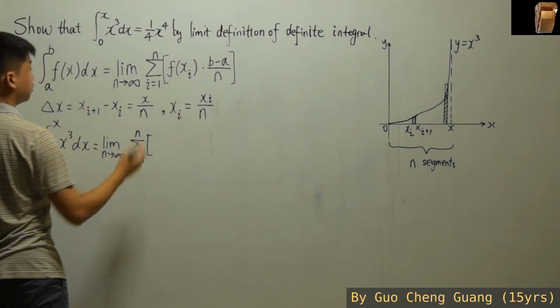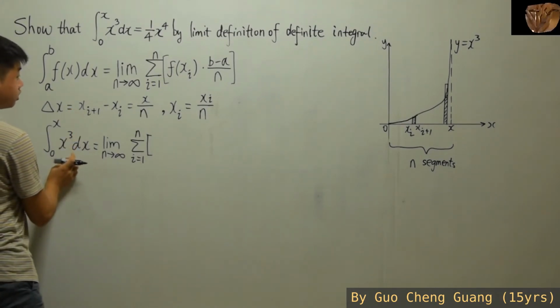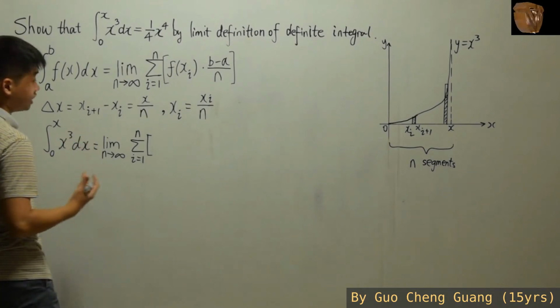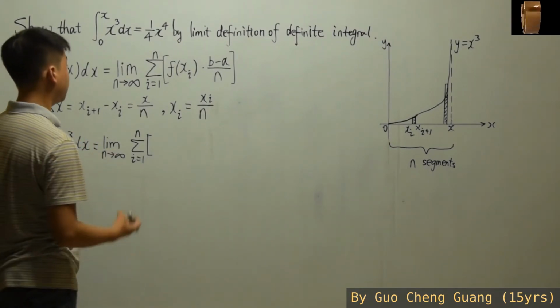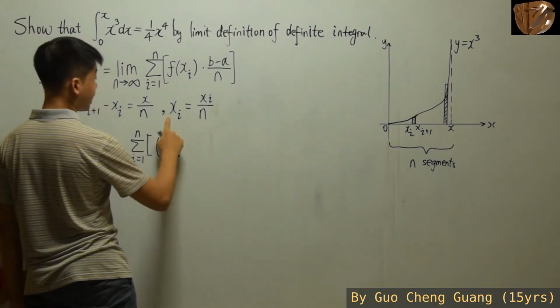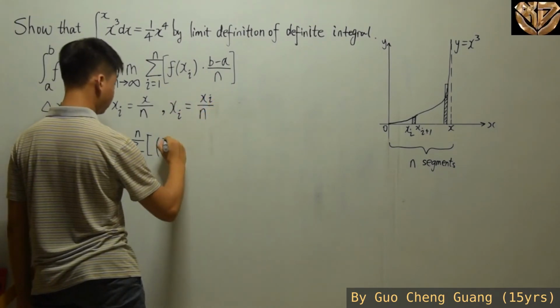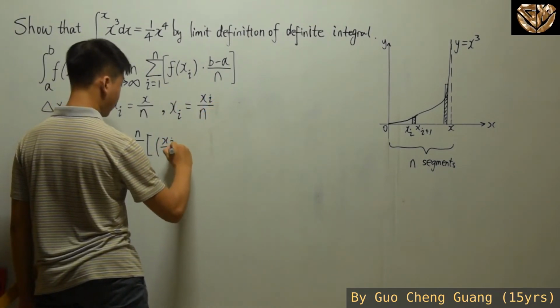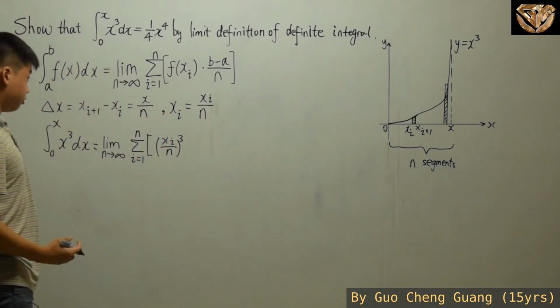So f(x) will now be your x cubed. So this x, you have to be aware that you have to change it up a little bit. Now, what will be so special about this change here? So of course you could still use xi then cubed, or you could directly change it into xi over n cubed. Alright? So this is what we're going to have.